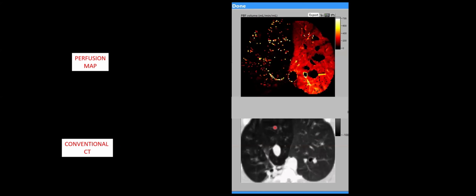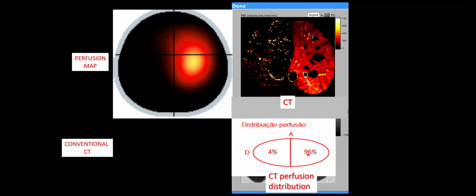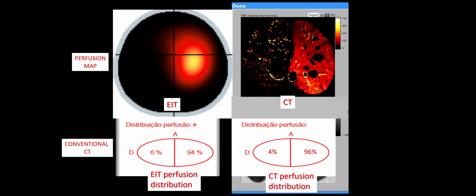Precisely because the Swan-Ganz balloon was in the right side. Then we see the perfusion only in the left side. How much? 96%. Okay, then we compared with EIT. This is the EIT image, 94%.